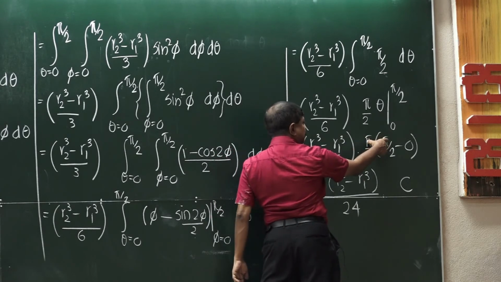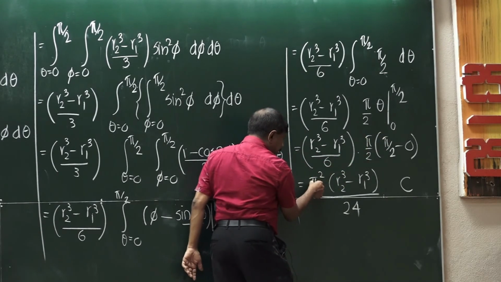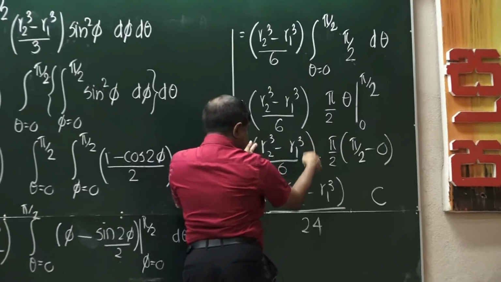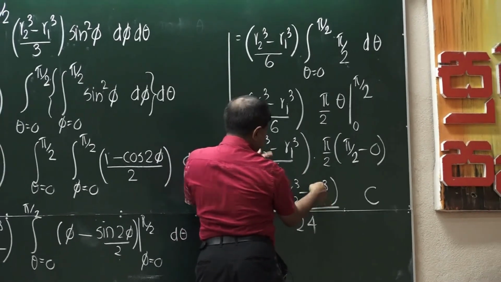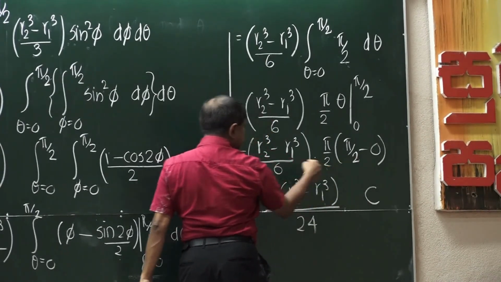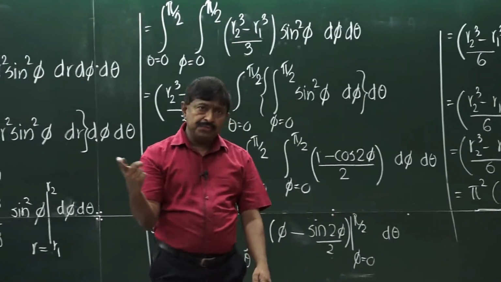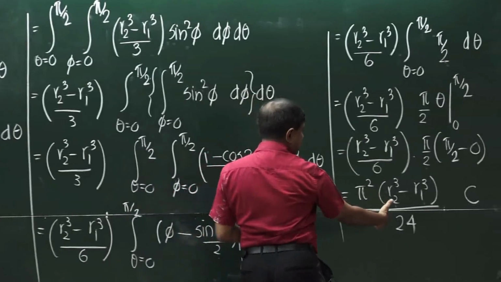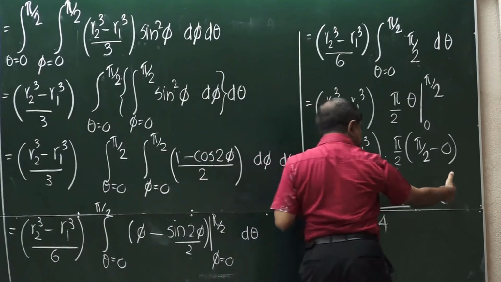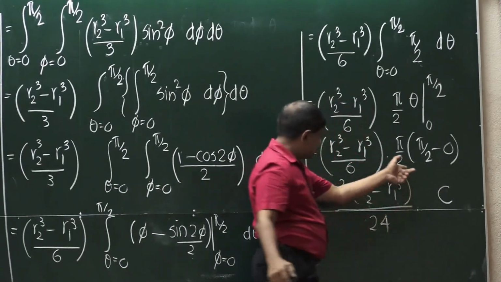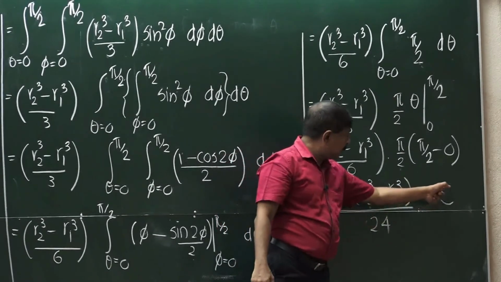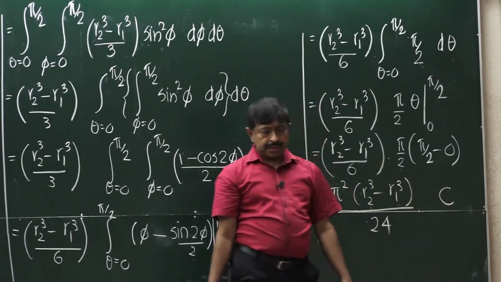These two will give you pi squared. Here you have r2 cube minus r1 cube. The numbers in the denominator, there are 3 numbers, 6 times 2 times 2 will give you 24. So, now you introduce the unit. So, this is in coulombs, therefore, I put a C. All right. Thank you.